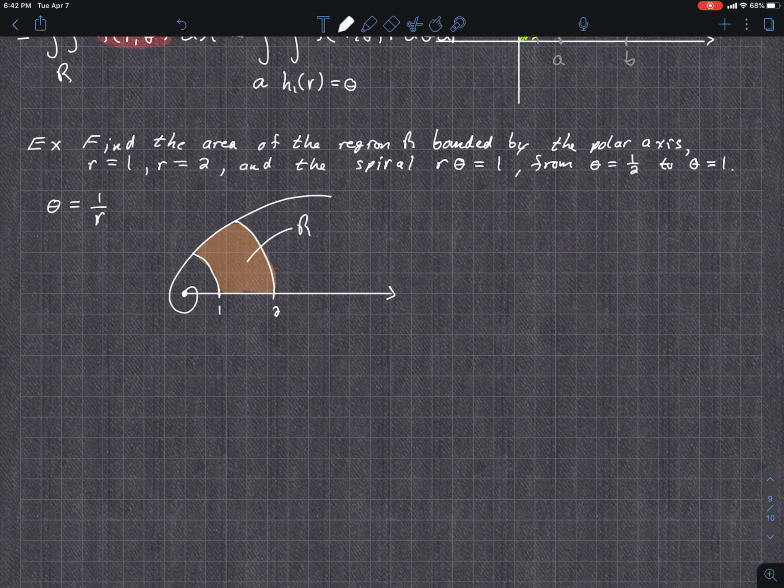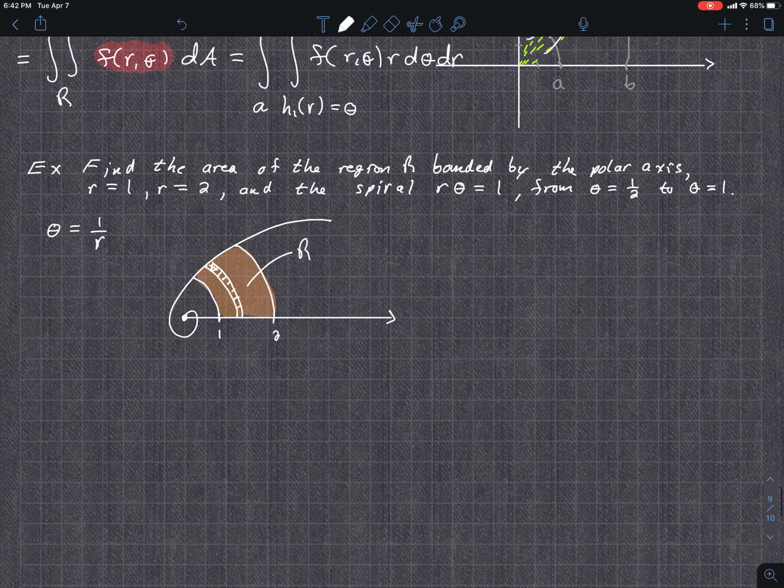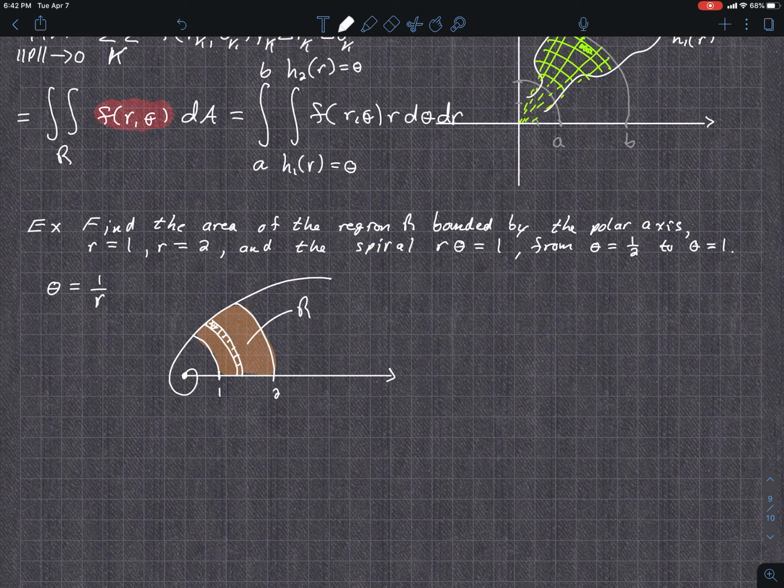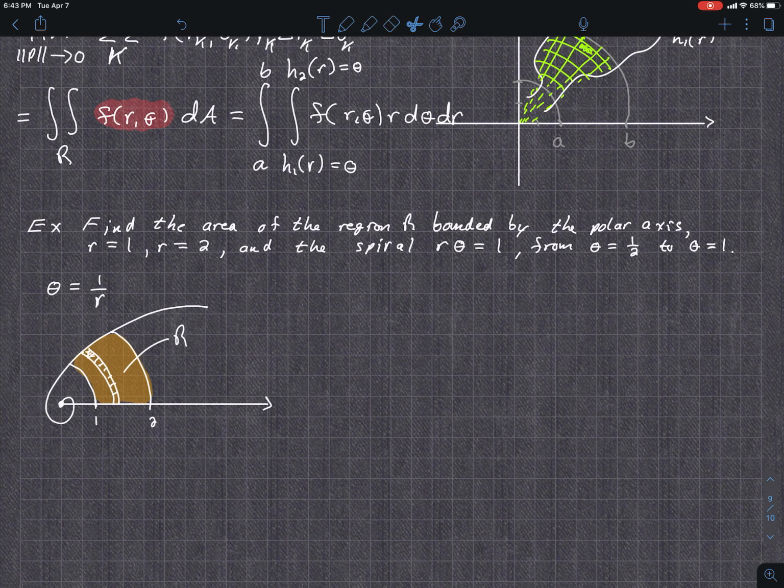This is your region R. And so your polar rectangles are like this, and then they're the same type of sectors. So in this format, you're going to go from theta equals 0 to theta equals 1 over r, and then you add these up from 1 to 2.